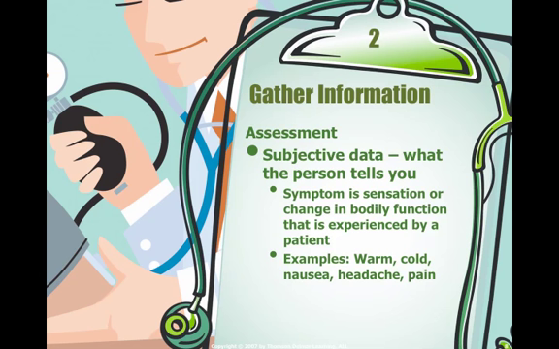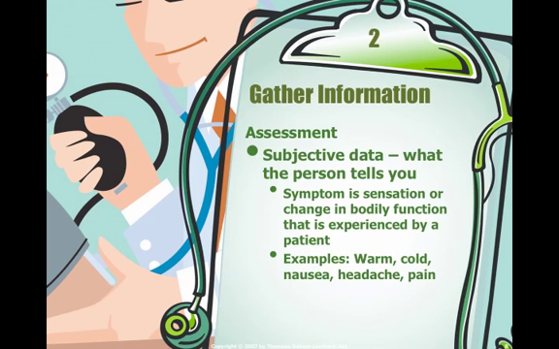So, subjective is whatever the person tells you. A symptom is a sensation or change in bodily function like pain. And that was a perfect example. Or nausea as well, or a headache. You can't see a headache. And nor can you see pain, so you really have to believe them.